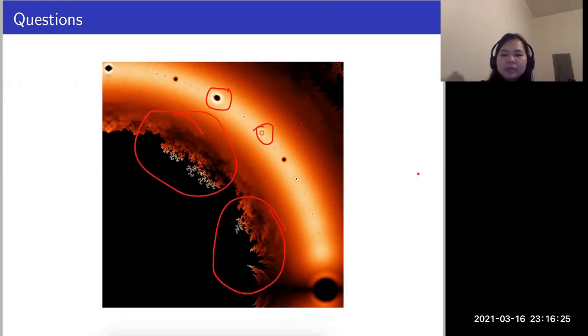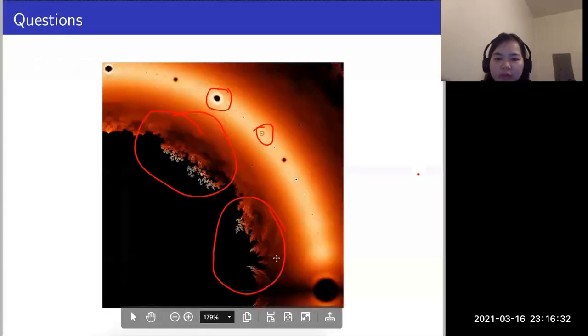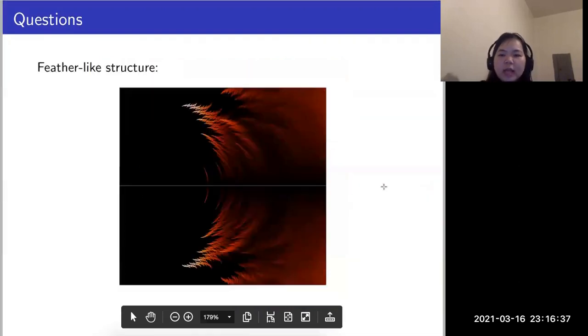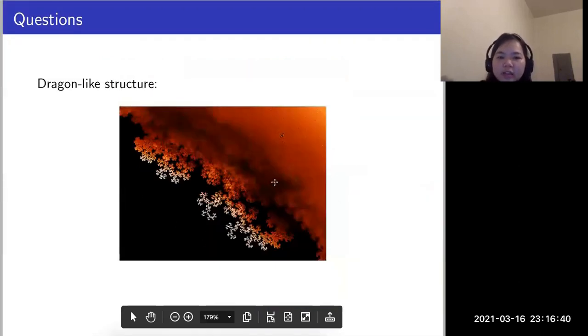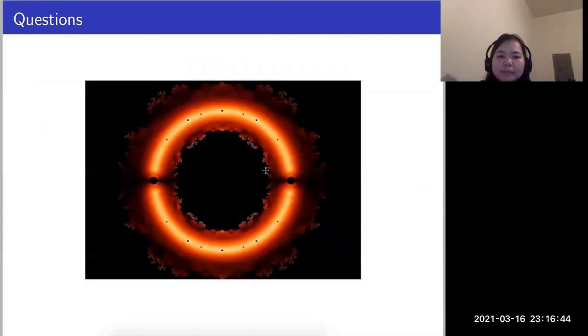Let me zoom in to see these pictures. So here is the feather-like structure that we saw over here. And then we also see the dragon-like structure a little bit up in the previous picture. Yeah, this dragon-like structure here, feather-like structure here. The question is, can we mathematically formulate these properties, and can we prove them?